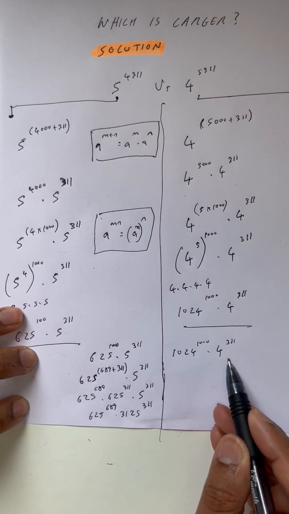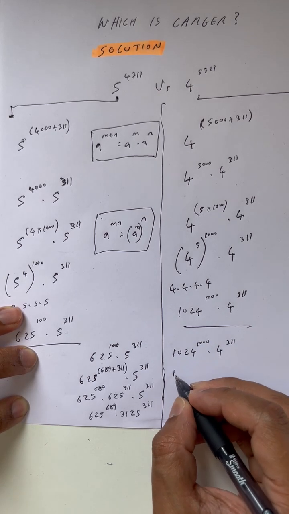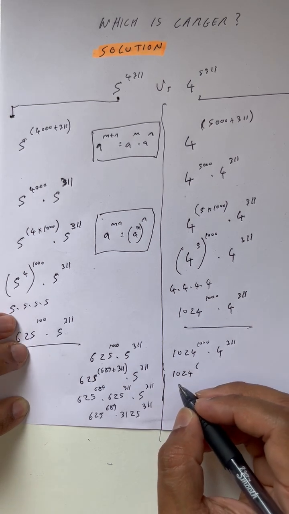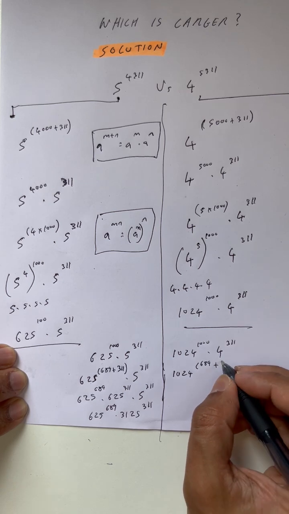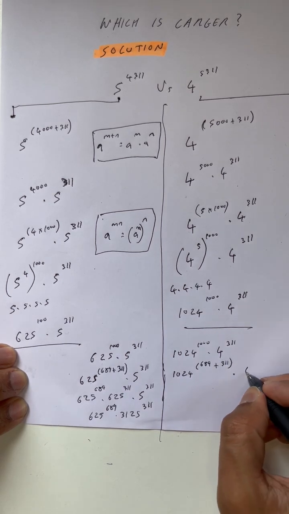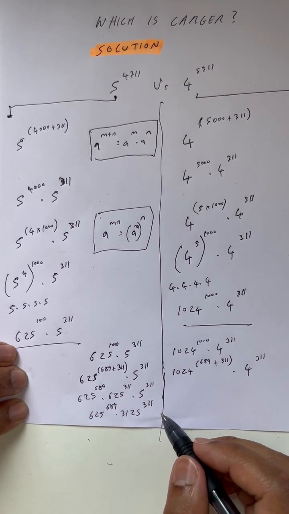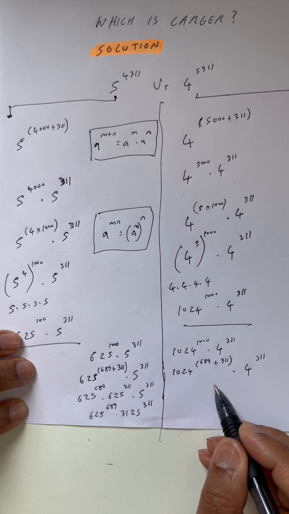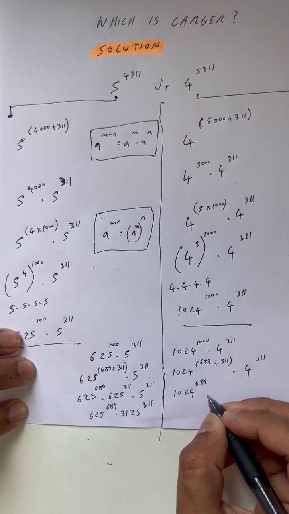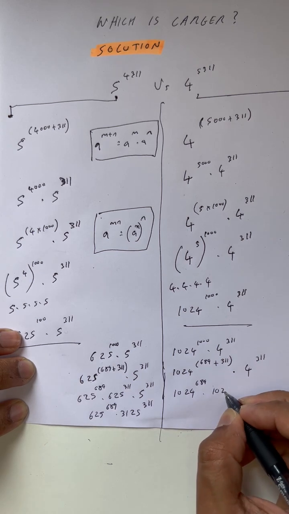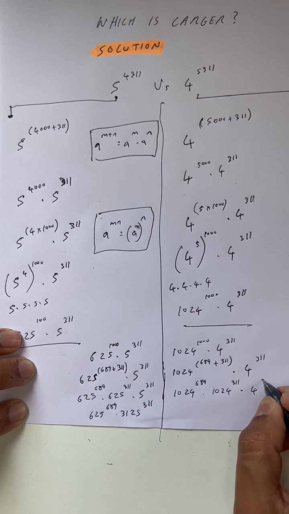We then apply the same principle here. We need to break down this power in terms of 311. So we do 1024 to the power of 689 plus 311 times 4 to the power of 311. We can now re-express this as 1024 to the power of 689 times 1024 to the power of 311 times 4 to the power of 311.